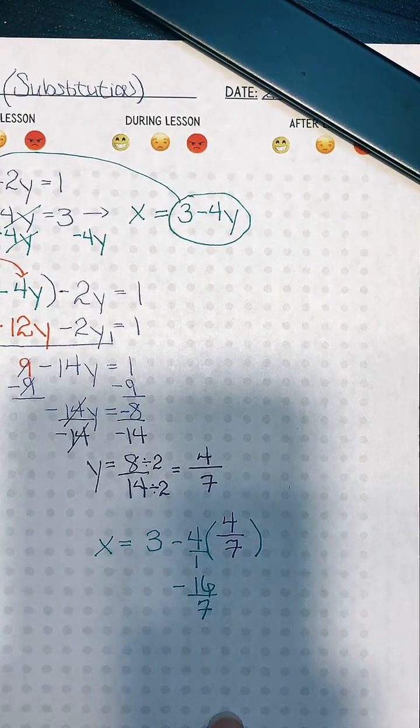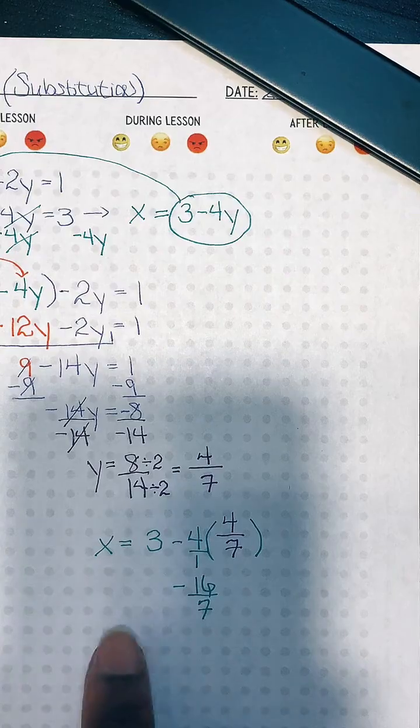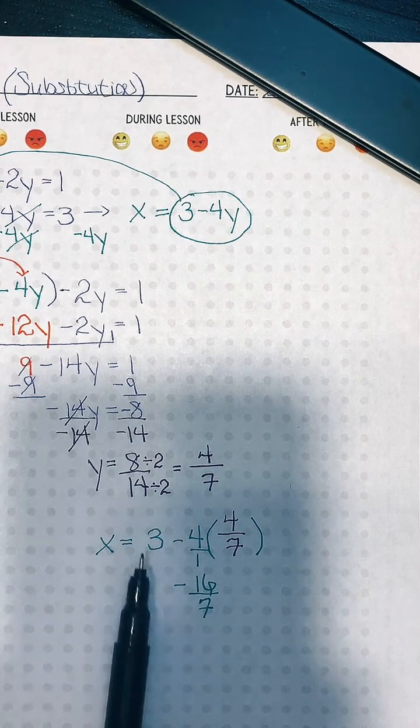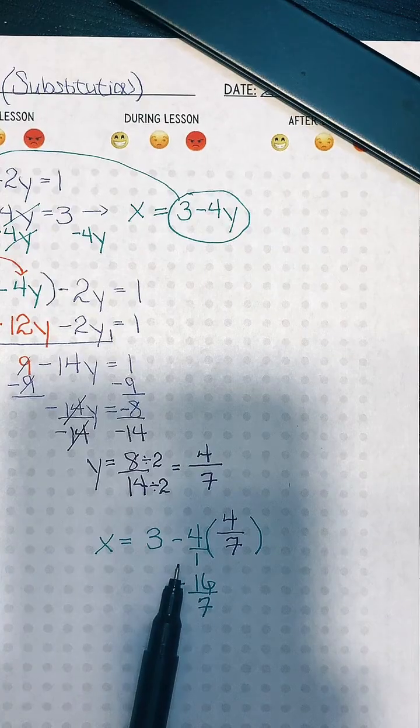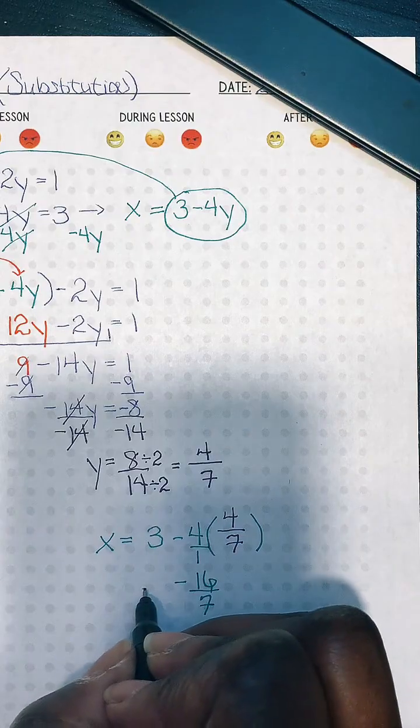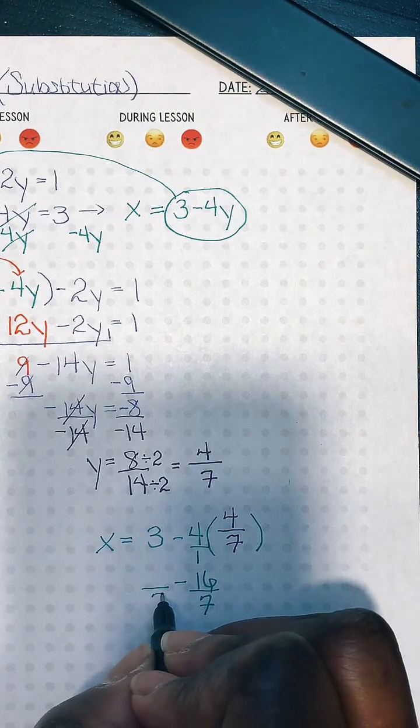Now, what do we know about adding and subtracting fractions? Anytime you have a whole number, you always put it over 1. What about that 3? We need to have a common denominator. We have to have a common denominator. So we need it to have a denominator of 7.